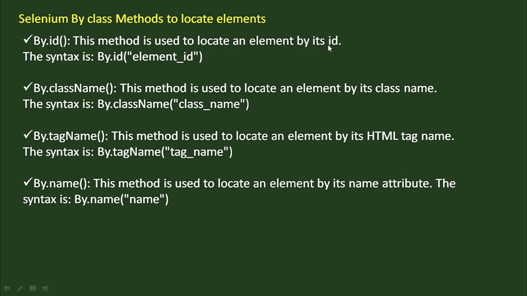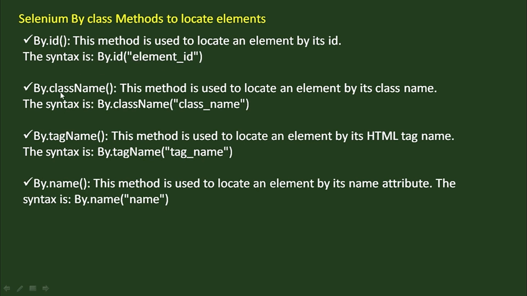So when you are writing the web locators using the id, we will use the By.id method, and by this method the Selenium WebDriver will understand this is the web element having this id. And here is the syntax: By.id and the element id.